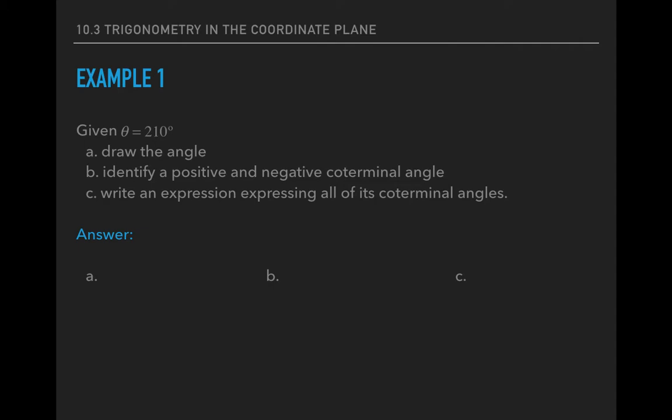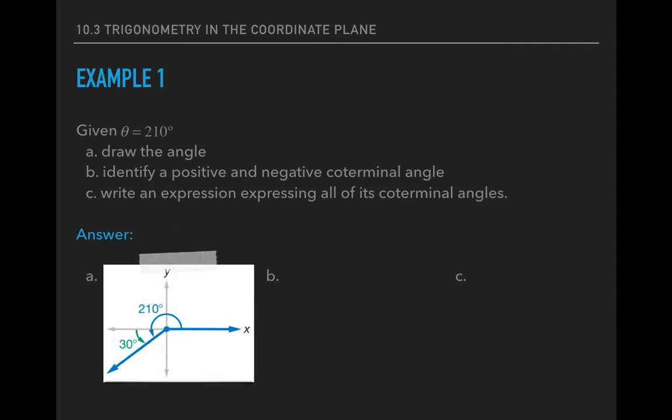So let's get started. I want you to take a moment and try to sketch out 210 degrees. Start at your initial side. In what quadrant would that be? That would be in your third quadrant. If you go up to the positive y-axis, that would be 90 degrees, right?